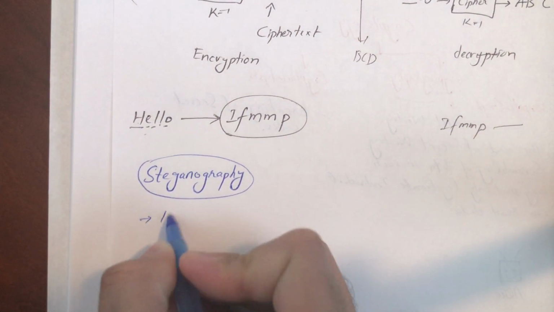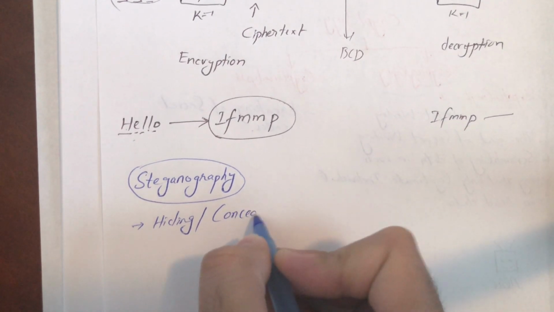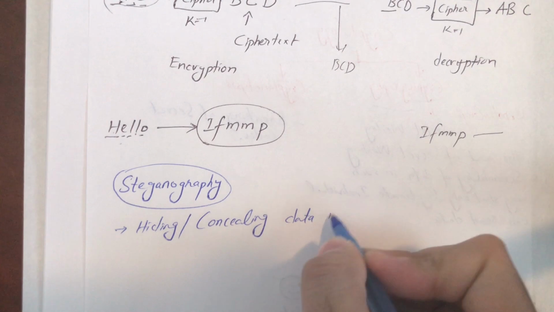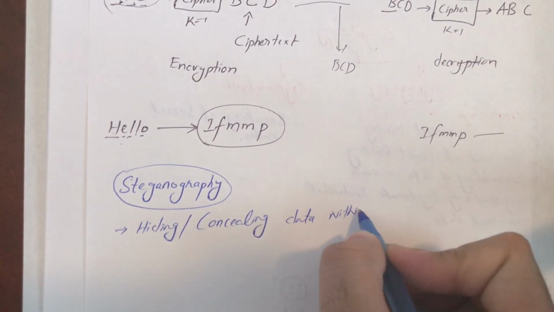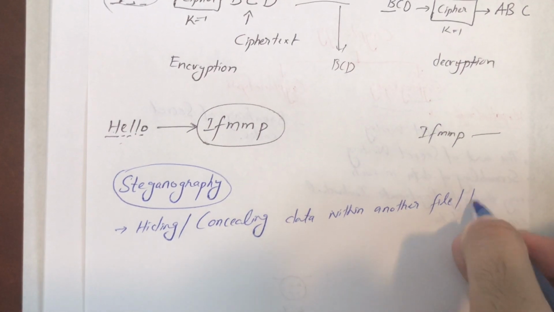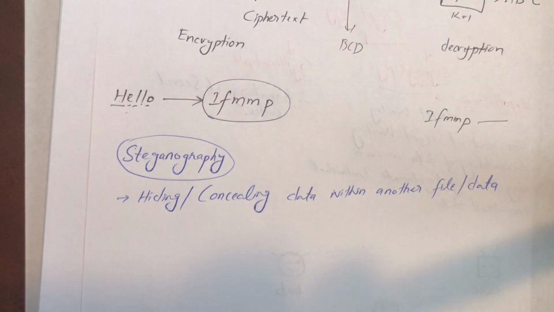Steganography is basically hiding or concealing data within another data or file, within another file or data. This particular process is called steganography, when you hide the data within another data.